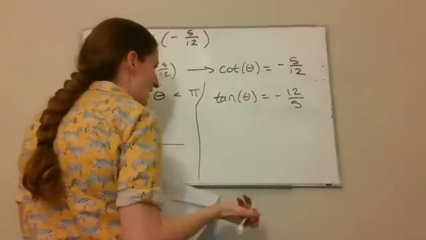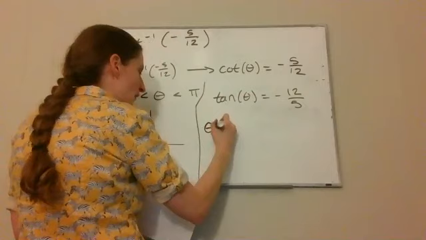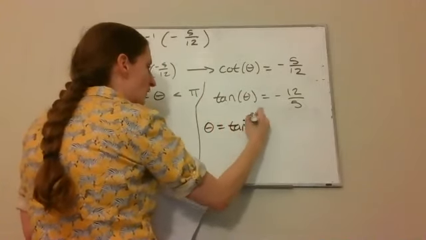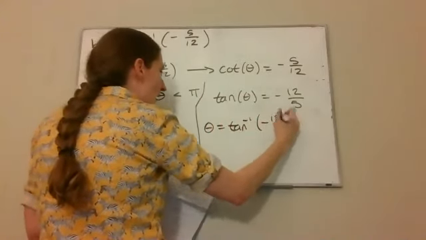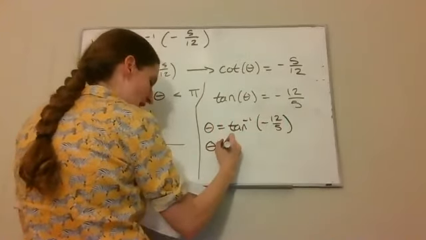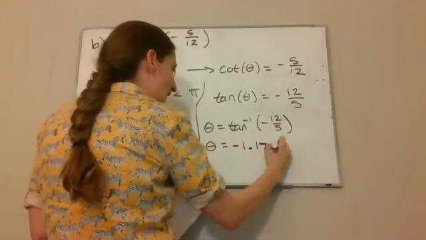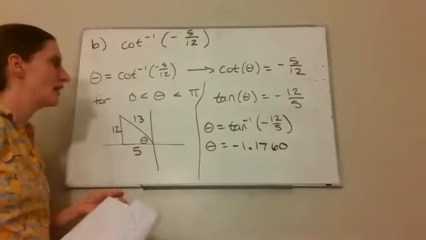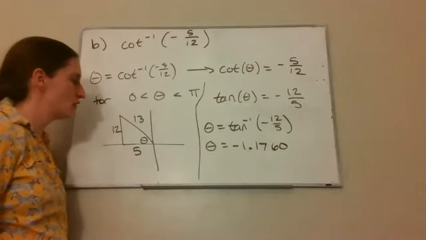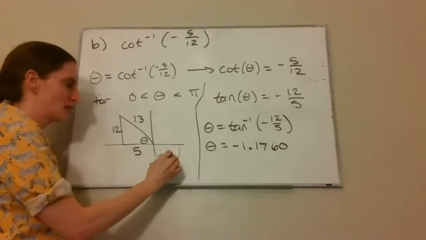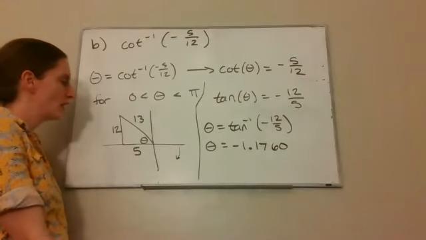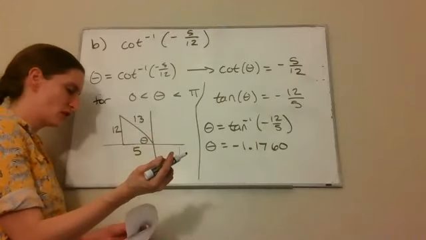And if I happen to type that into my calculator, theta is tangent inverse of -12/5, you're going to get theta is about -1.1760. But that's not in quadrant 2. That's down here in quadrant 4. How do I get it to quadrant 2?